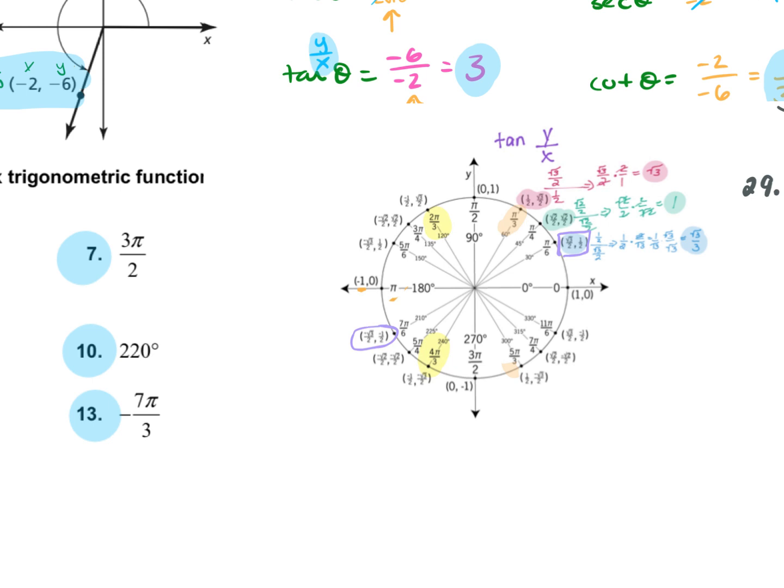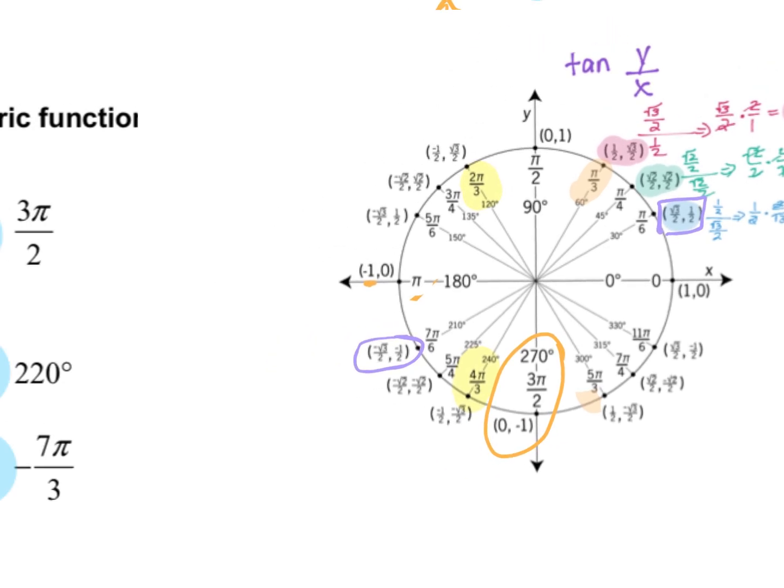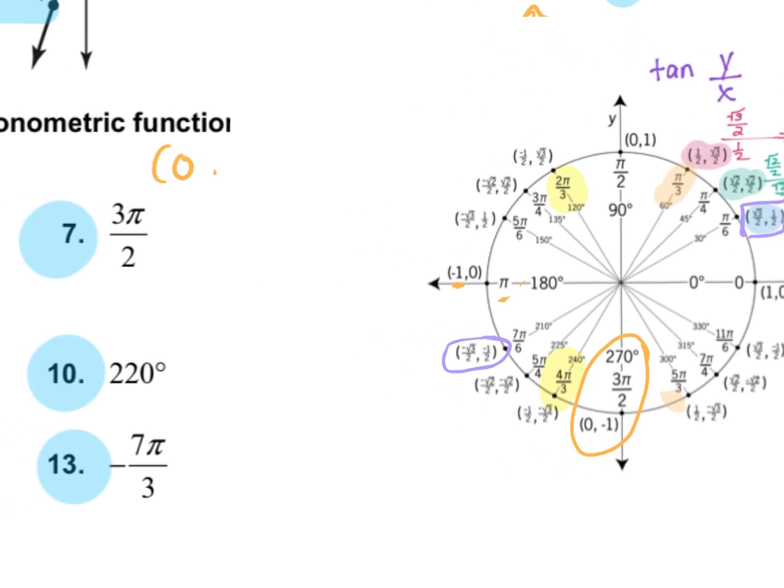Where would 3 pi over 2 be? At 270, down here. So we're going to use the point 0, negative 1.